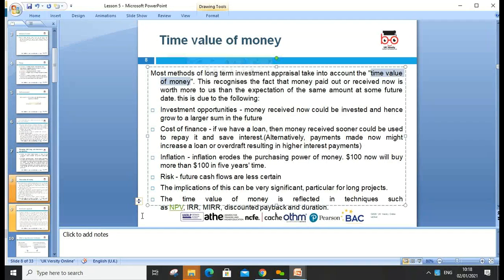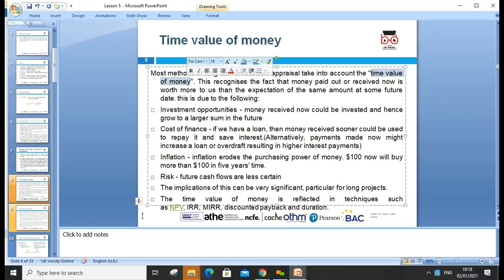In a project, if one gives you quick money and another gives you more later, the value drops, so we use different discount factors. Recognize that money paid out and received now is worth more to us than the expectation of the same amount at some future date. This is due to the following investment opportunities.